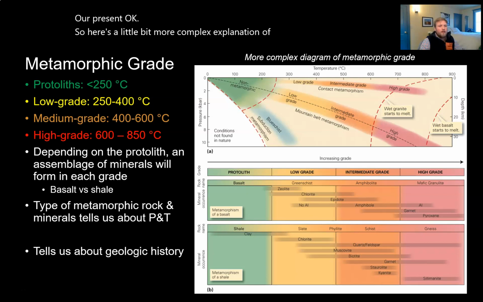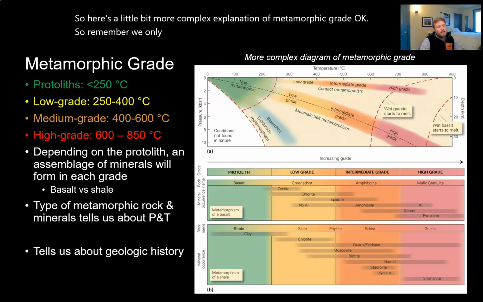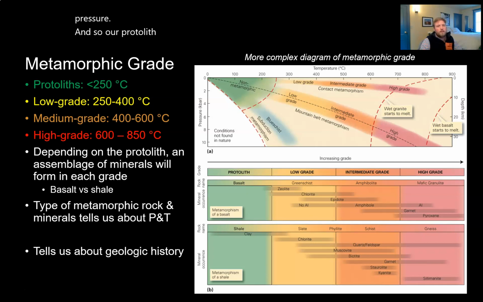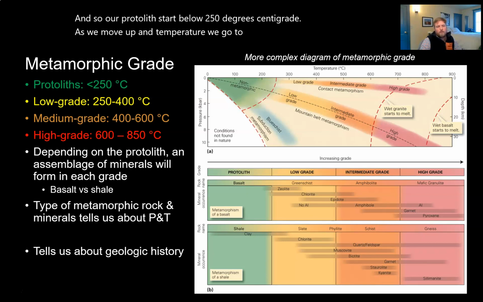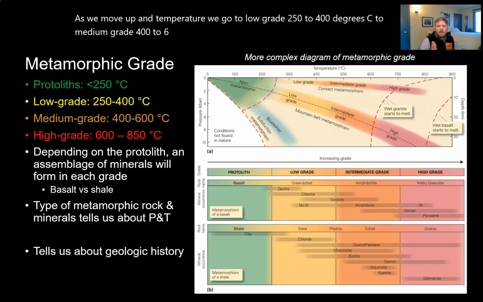Okay? So remember, we only get metamorphism at sufficiently high temperatures and pressure. And so our protoliths start below 250 degrees centigrade. As we move up in temperature, we go to low grade, 250 to 400 degrees C, to medium grade, 400 to 600 degrees C, and then our high grade metamorphic rocks between 600 and 850.